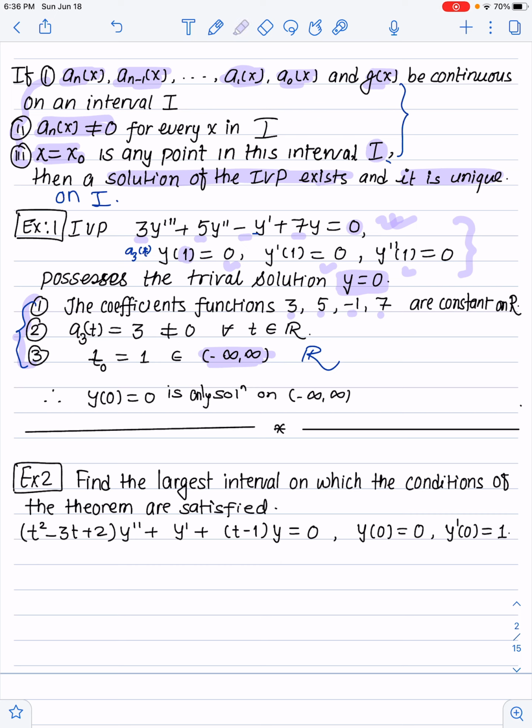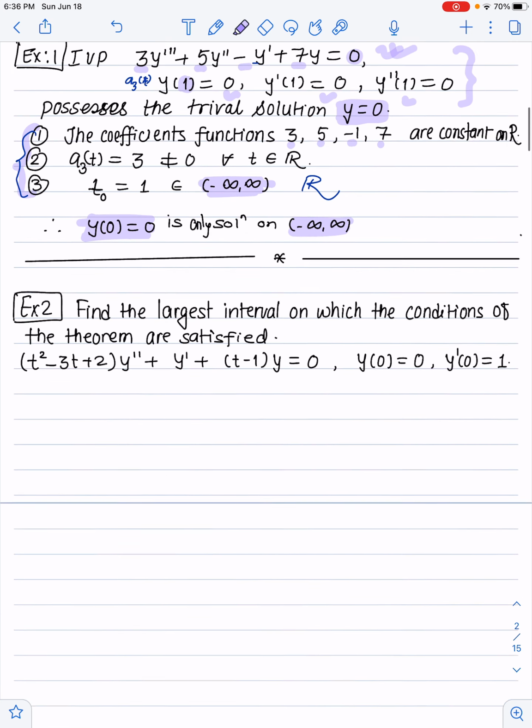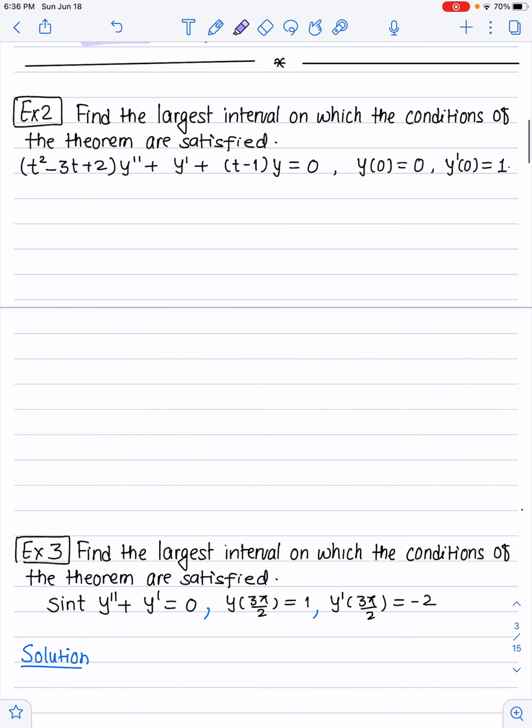That's why y equals 0 is the only solution on the interval negative infinity to infinity. We are just checking whether a solution exists and whether it is unique. Let's take another example.